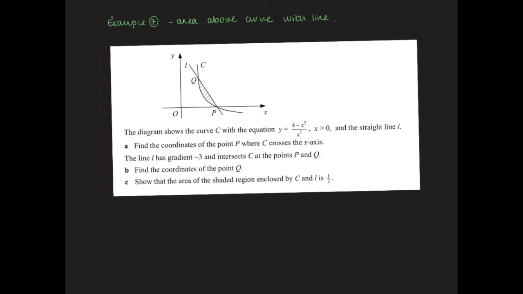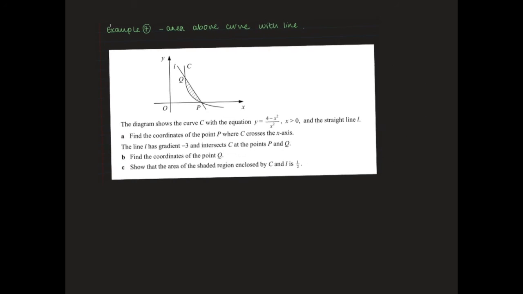Okay, so this is the last example. Instead of the previous examples, we've now got a curve and a line, but we've got the area above the curve. So let's give some space. The first thing we need to do is find the coordinates where our curve crosses the x-axis.